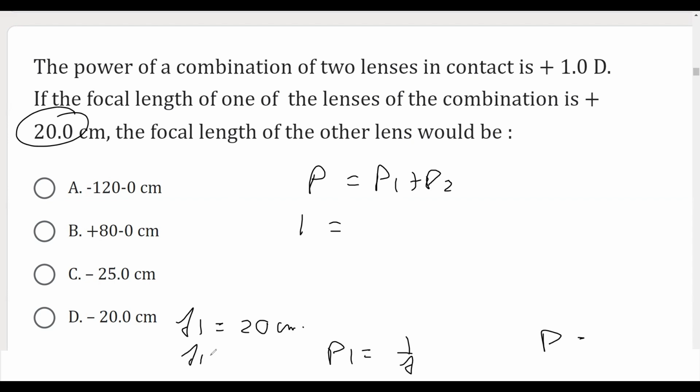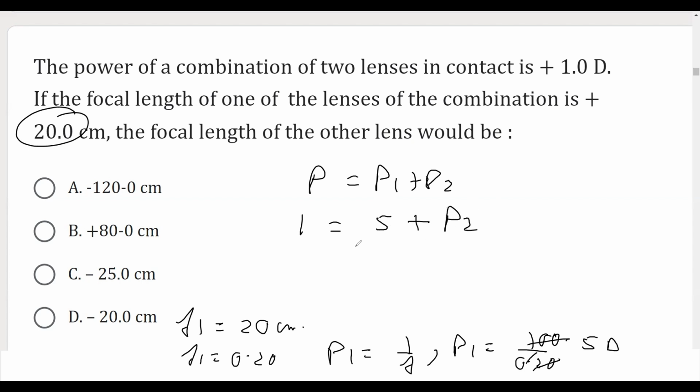So first I'll get this in meter, which is 0.20, and replacing the value of F here, we can figure out from this that P1 must be 1 over 0.20. That comes out to be 100 divided by 20, which is 5 diopter. So I'll be writing P1 as 5, positive 5, as it is given positive.